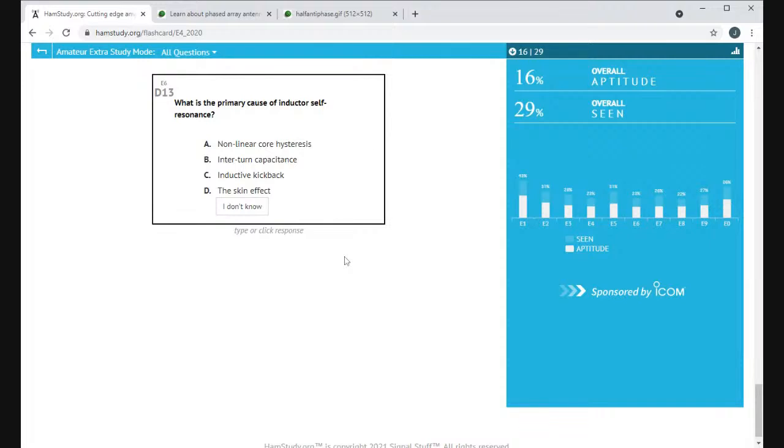What is the primary cause of inductor self-resonance? A, nonlinear core hysteresis. B, interturn capacitance. C, inductive kickback. D, the skin effect?